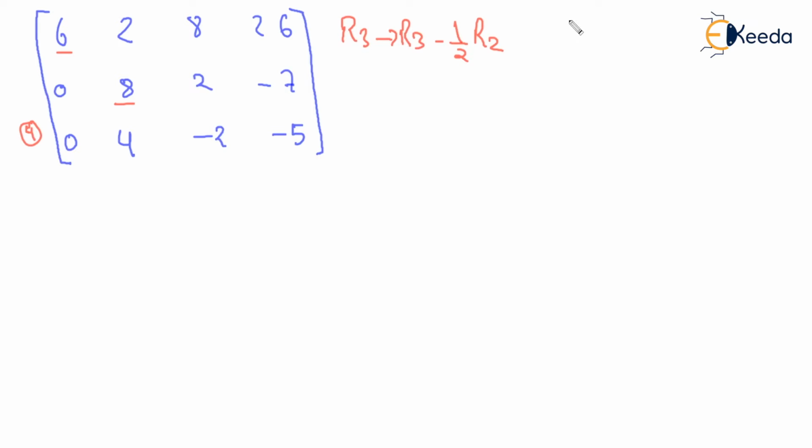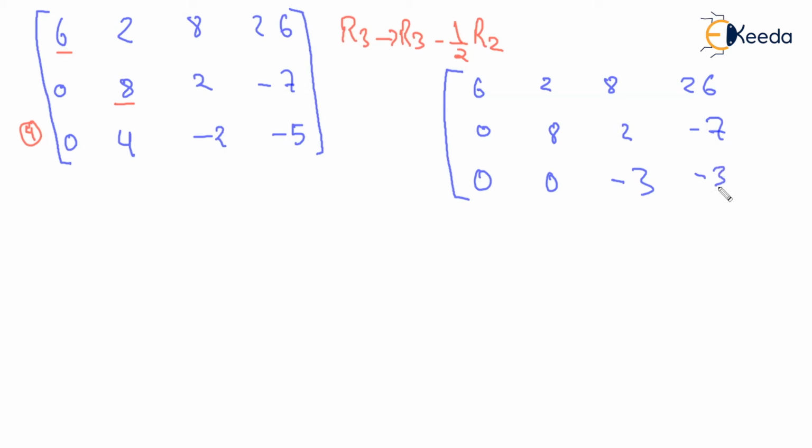So this operation gives 6, 2, 8, 26, then 0, 8, 2, -7, then 0 minus half of 0, 4 minus half of 8, -2 minus half of 2 is -3, and -5 minus half of -7 is -3 by 2.